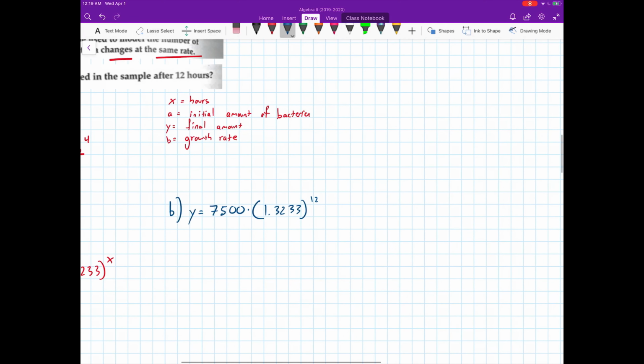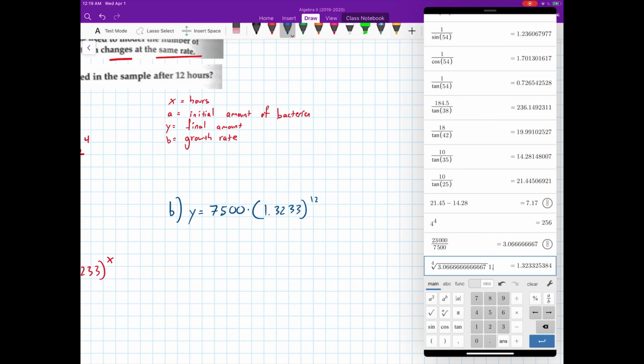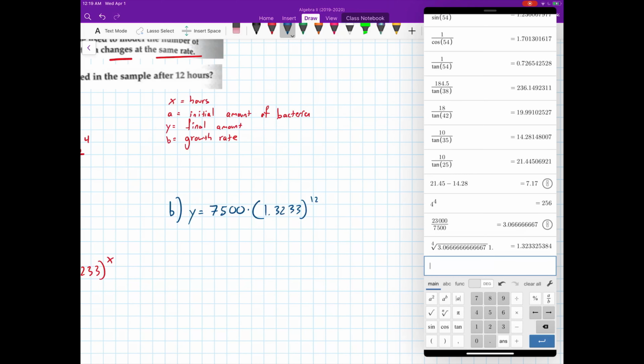So 1.3233 to the 12th power, and we're going to multiply that by 7,500, and we get quite a large number, 216,252.44.